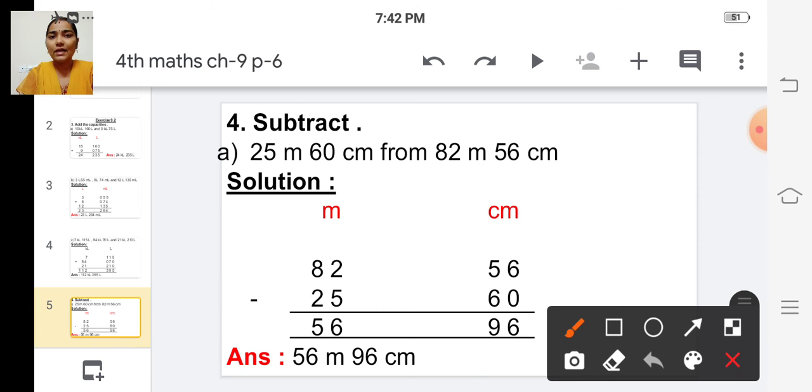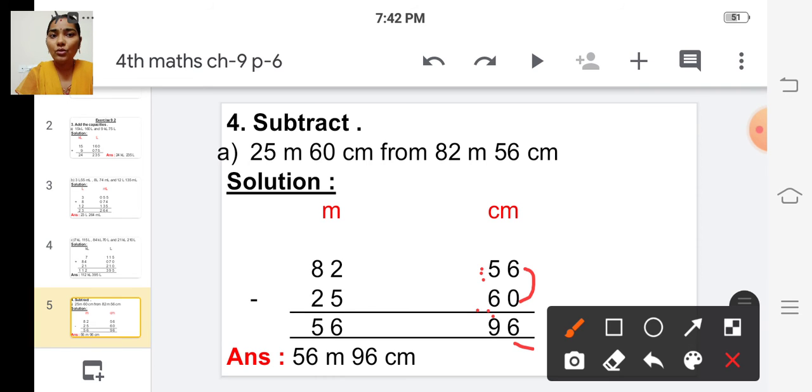So starting from the right hand side. So 6 minus 0 is 6. And next one is 5 minus 6. It is not possible, right? Because 5 is smaller than 6. So we cannot subtract 6 from 5. So what we have to do?